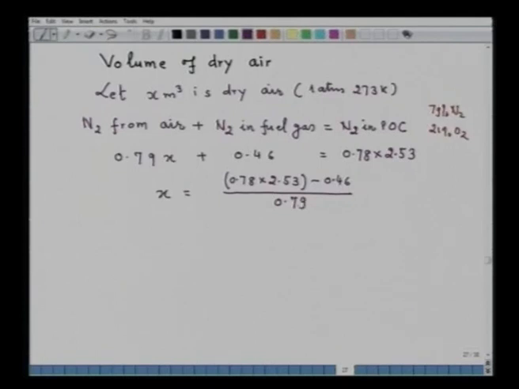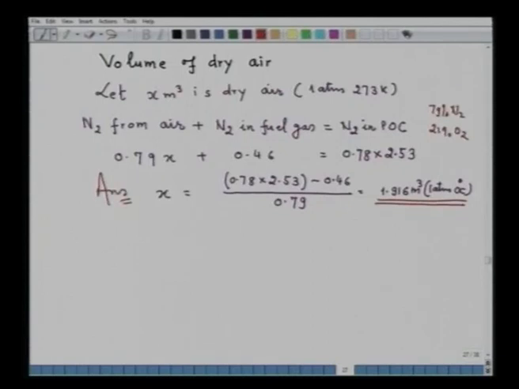So, now you can just take a calculator and solve it, and the value will be coming approximately equal to 1.9176 meter cube at 1 atm and 0 degree Celsius. So, that is the answer for volume of air.